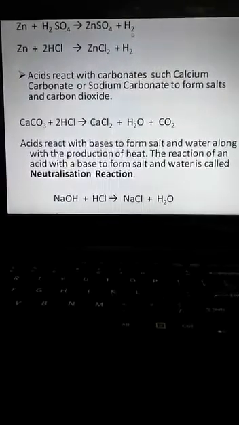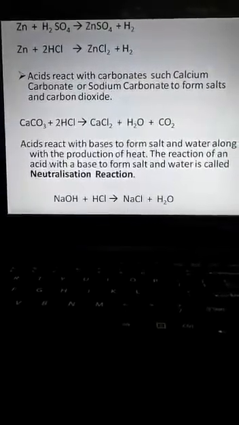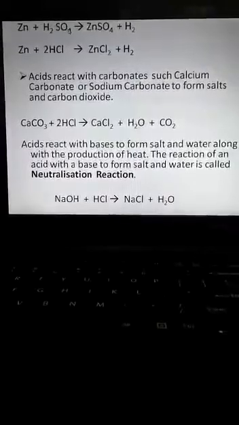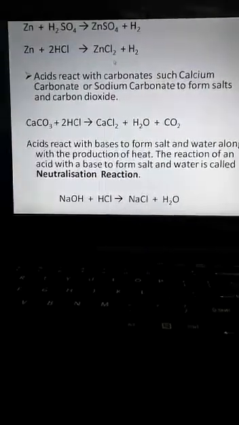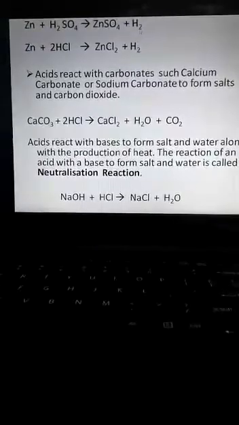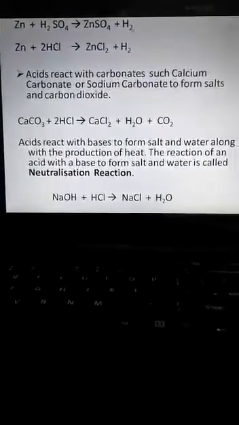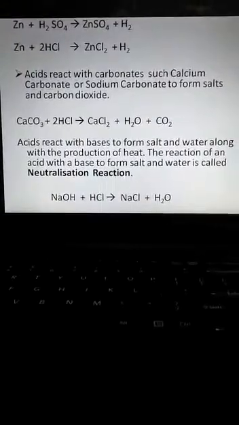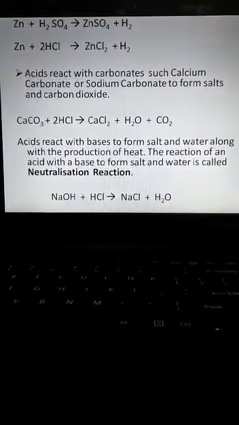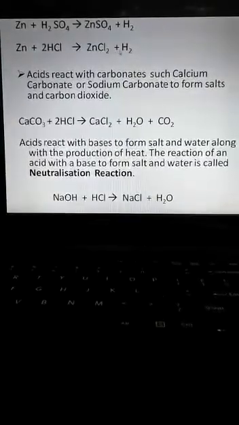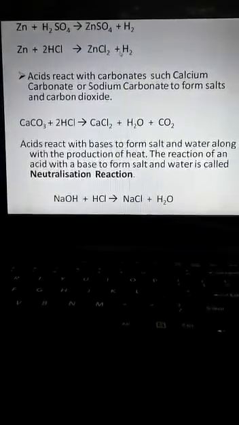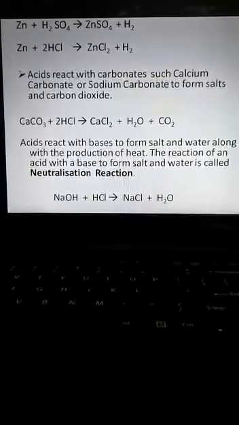You can bring a burning matchstick to the mouth of the test tube in which you are performing the reaction, and as soon as a pop sound is produced, it means that hydrogen gas is being evolved in this reaction. So, whenever a metal reacts with any acid, it produces the salt of that metal and hydrogen gas is evolved.